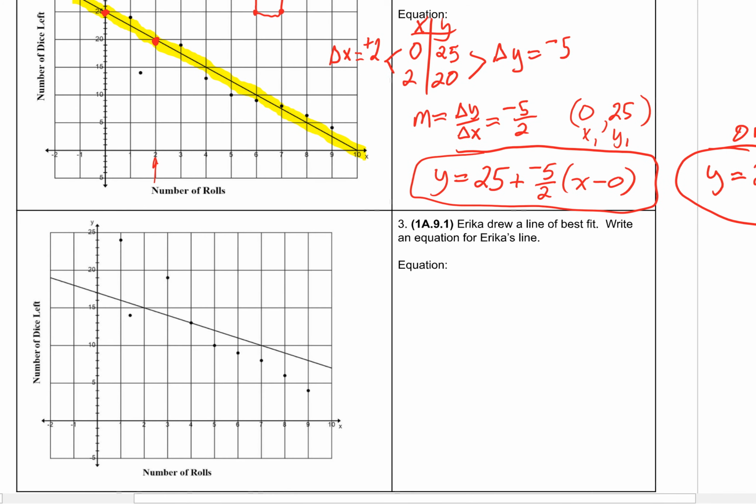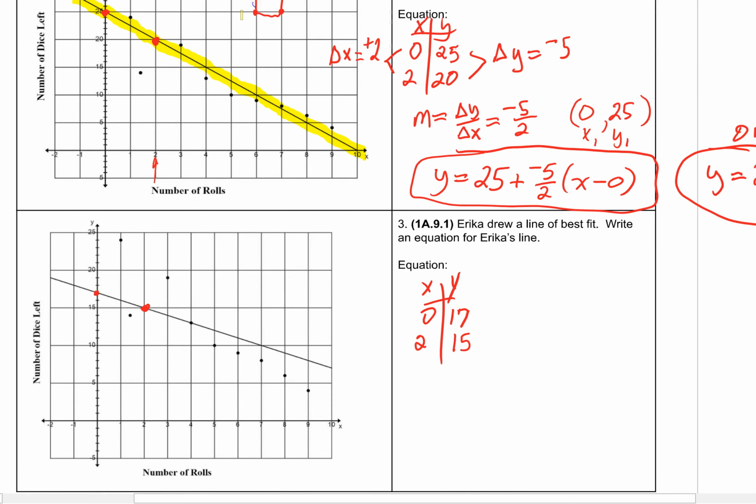Guys, as we're looking right here, I hope you can see that right now we have some friendly points that we can choose once again. You can see right here it looks to me like 0, 17. And then here's another friendly point. It looks like we've got 2 and 15. So again, I am focused on that line.